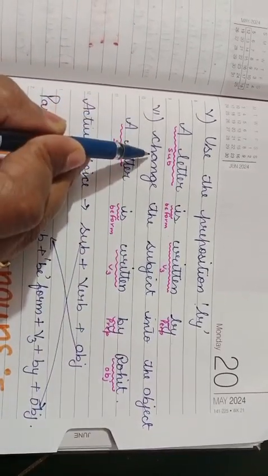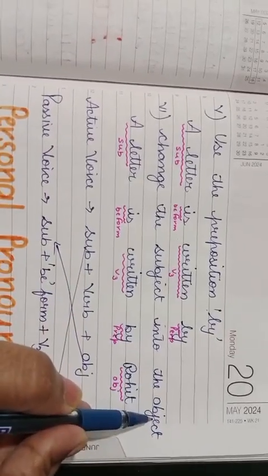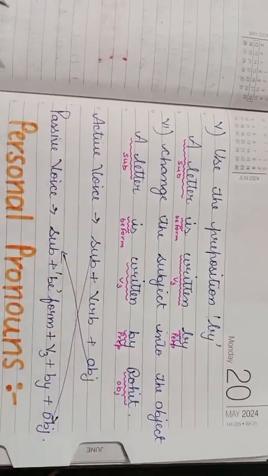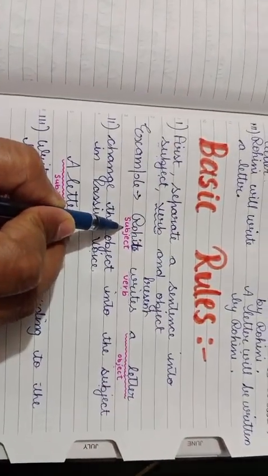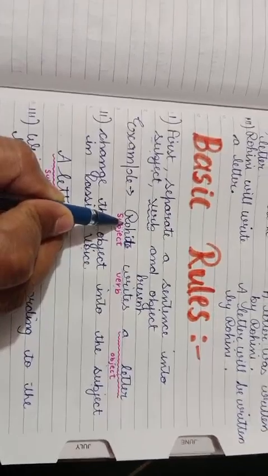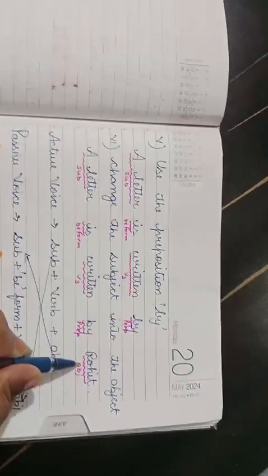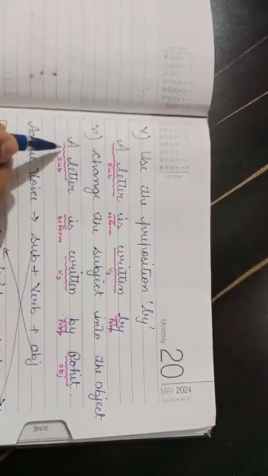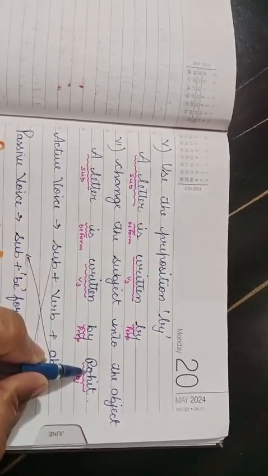And the next rule is change the subject into the object. Now we have used here the subject Rohit in the active voice. But now this Rohit as a subject will become object in the passive voice. So the sentence will become right now a letter is written by Rohit.